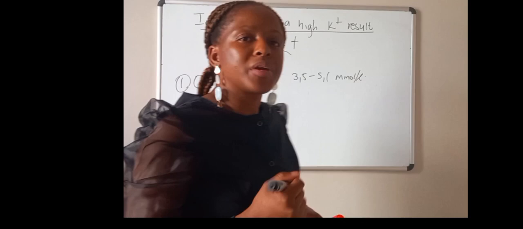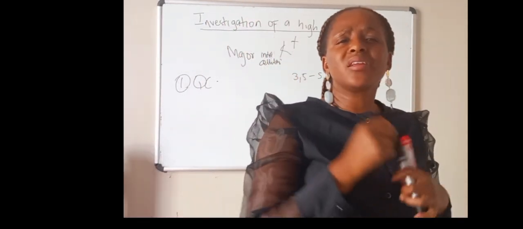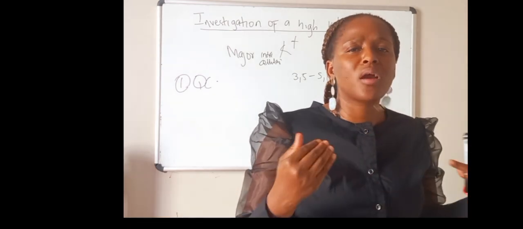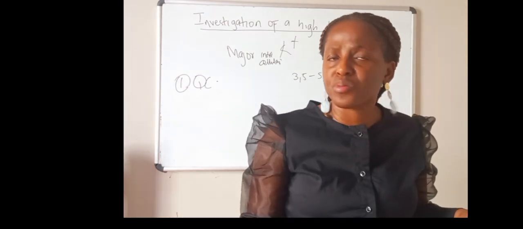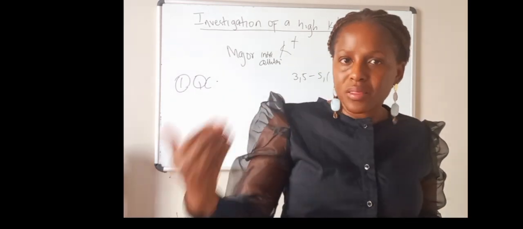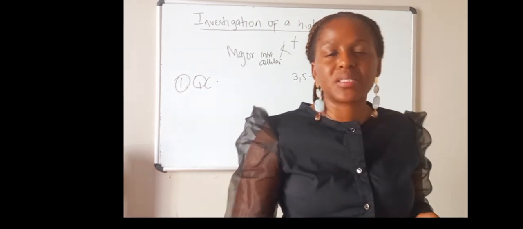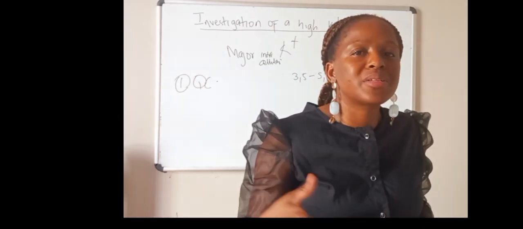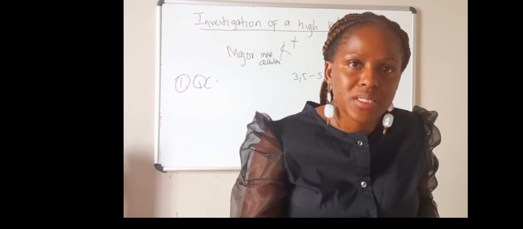So number one, you can check your QCs, and if your QC results prove that your machine is working properly, there's nothing wrong, then you need to move over to interferences that might cause a false high potassium result.